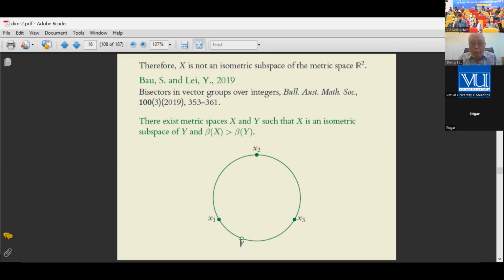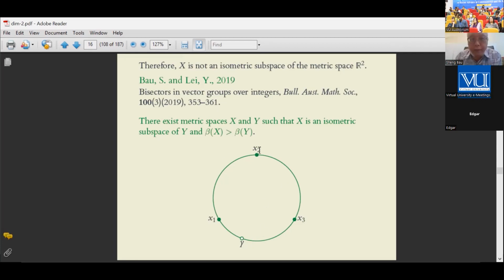And you put 3t, so for any positive number t, the perimeter is 9t. And then you put y at distance 1t away from x1 in the direction of x3. It doesn't matter which direction.